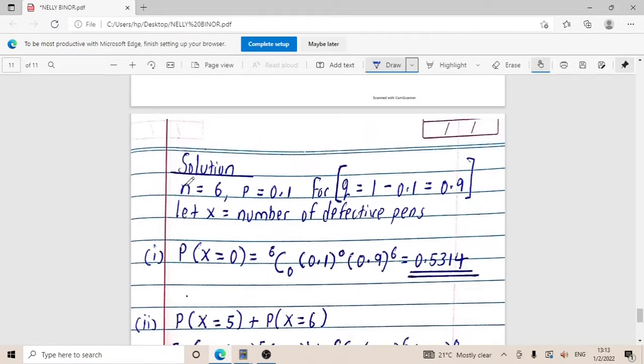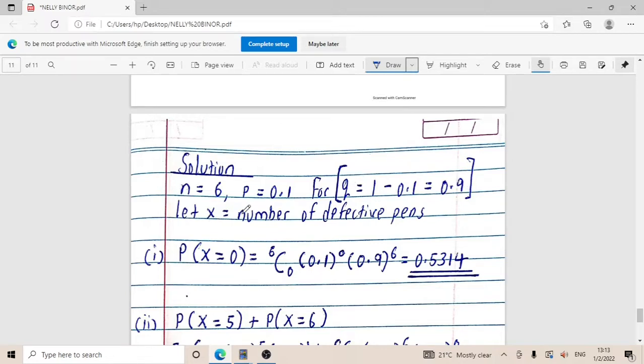So we know our n is 6, our p of success is 0.1, and to get the q, which is the failure, it's going to equal 1 minus 0.1, which is going to give us 0.9. So our q is going to be 0.9.